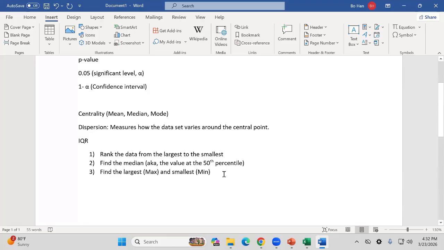And then we can find the quartile values, like the first quartile, second, third, and fourth.